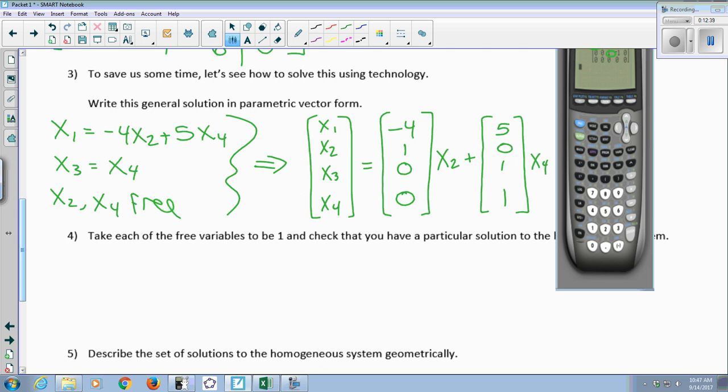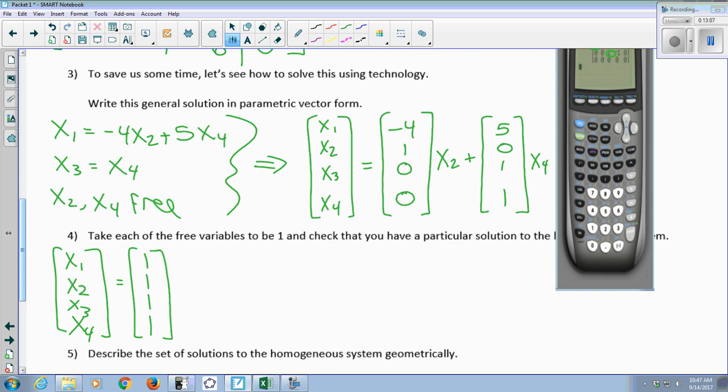So if x2 and x4 were both 1, my solution x1, x2, x3, x4 would be -4 plus 5, which is 1. And x2 would just be 1. x3 would be 1. And x4 would be 1.